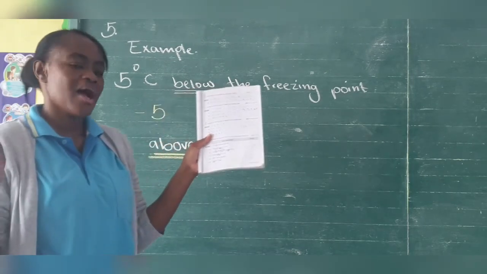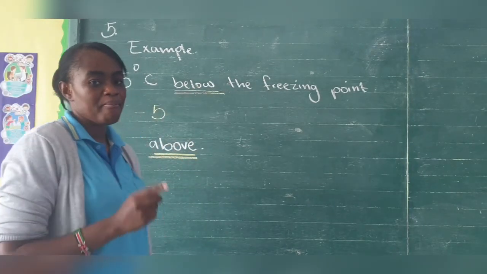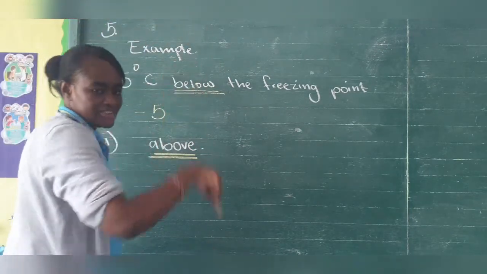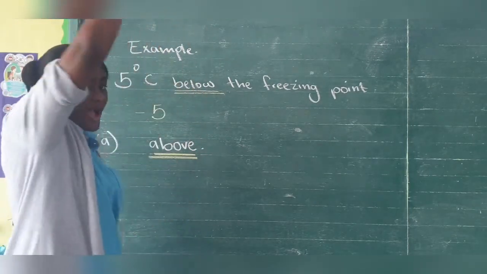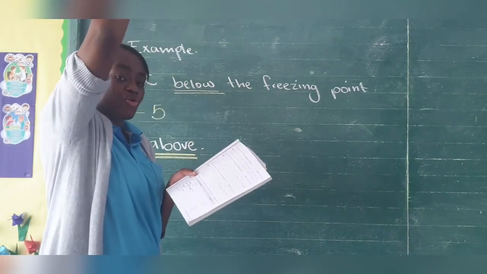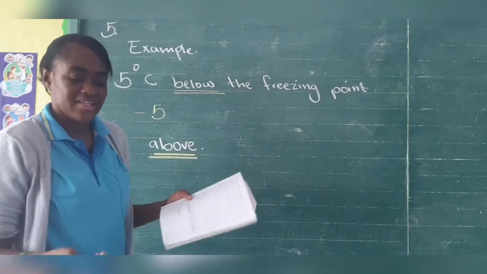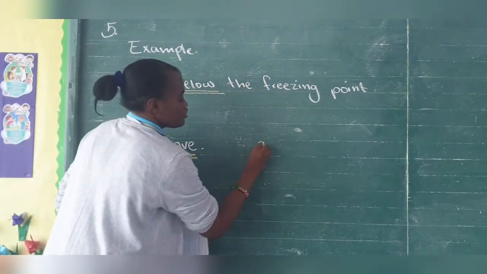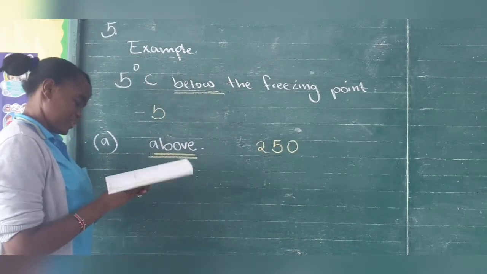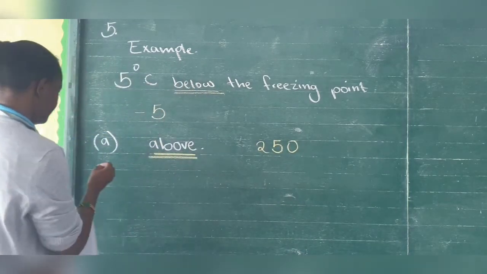Above means on top, up. Below, down. Above, up. So 0, above is 1, 2, 3, 4, continuing. So the answer is going to be 250, okay?